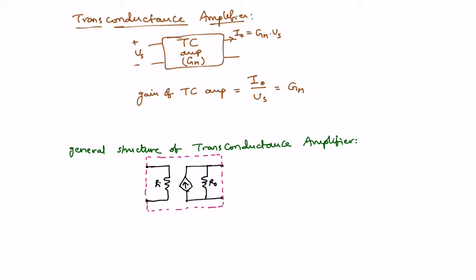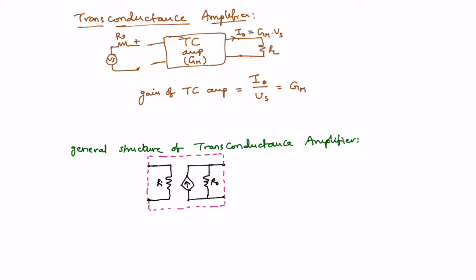But strictly speaking, Vs is always an input source which will have some source resistance Rs along with it, and the output I naught will be applied to some load RL.